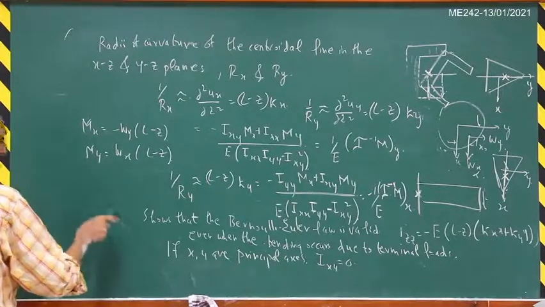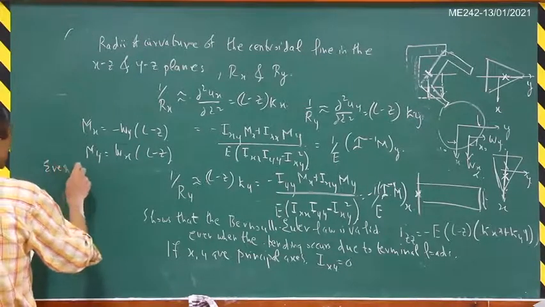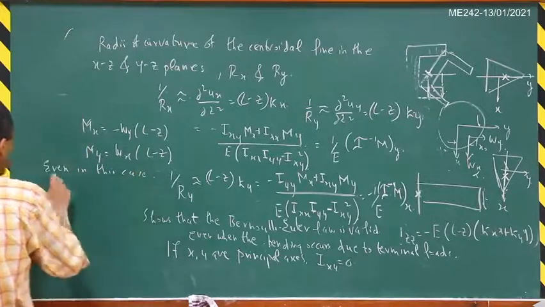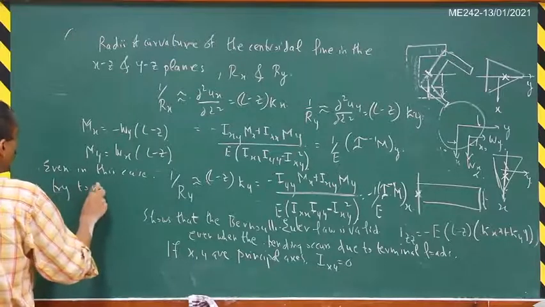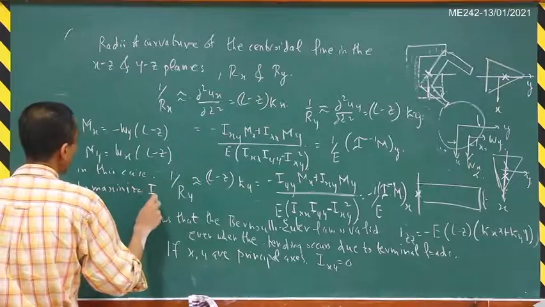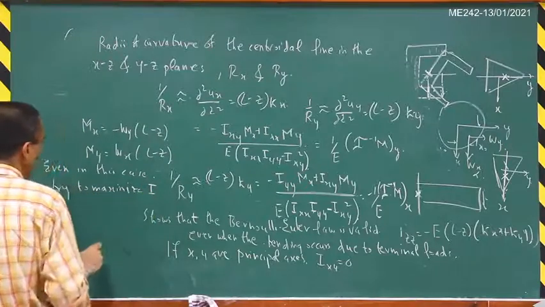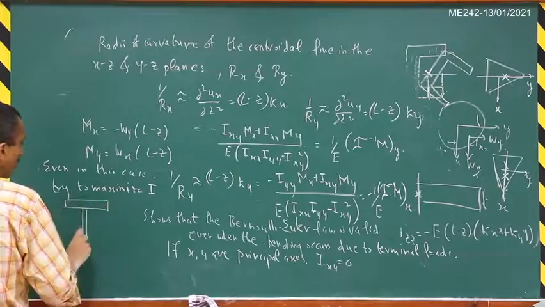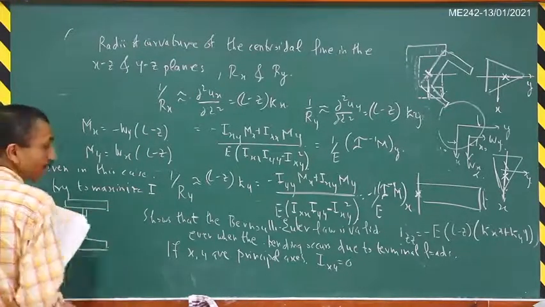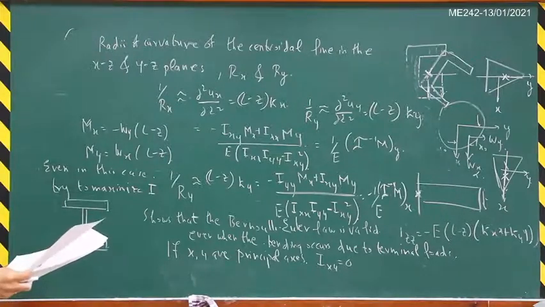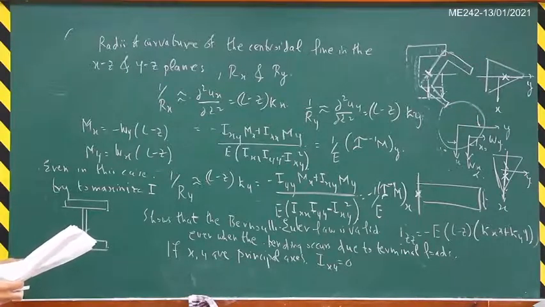So even in this case, try to maximize I. We have seen how to do that: for a given area of cross section we can put it into an I beam, for example, so that you move the material away from the neutral axis. So that you can always do.